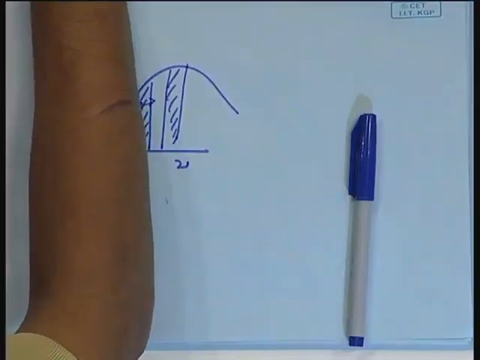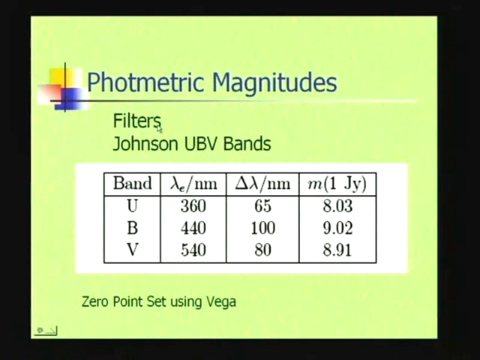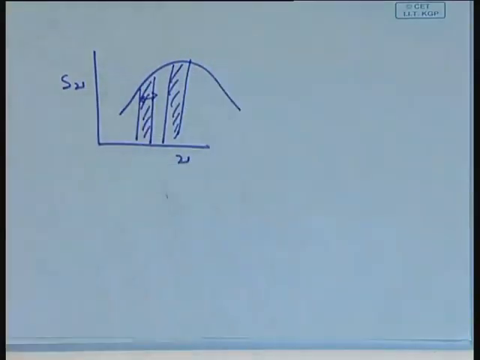And finally, there are also filters which are placed. So, observations are done using different filters, and finally what you have is the magnitude measured in bands defined by these filters. So, optical observations are usually done simultaneously for multiple filters, and the information that you will get is the flux density averaged over such filters.